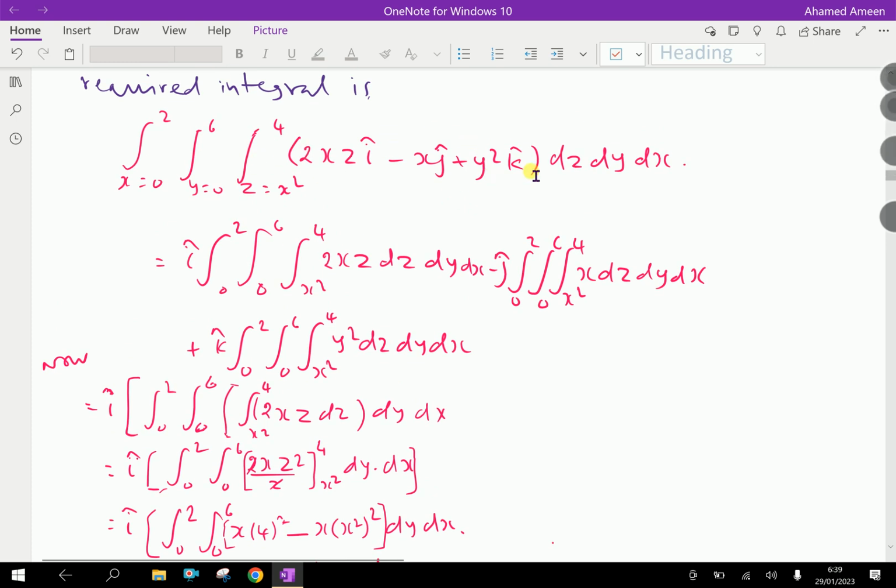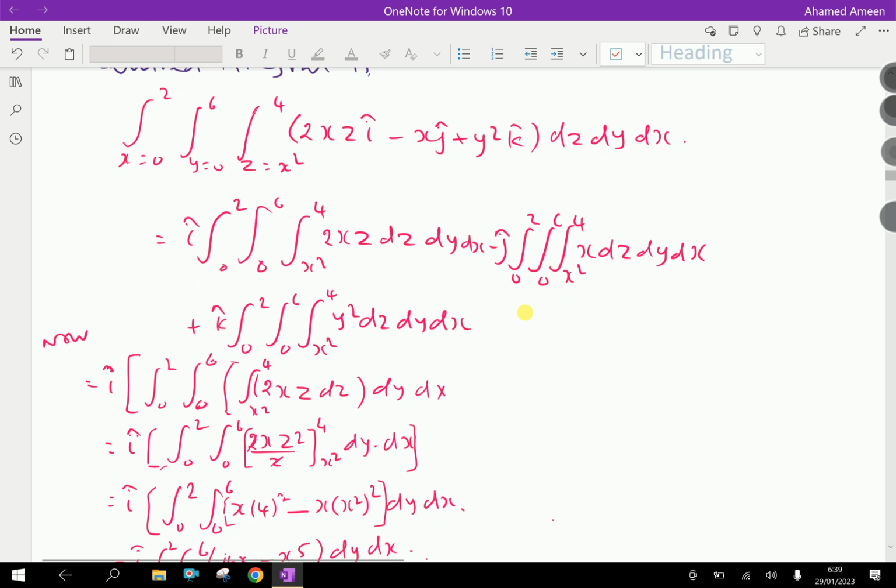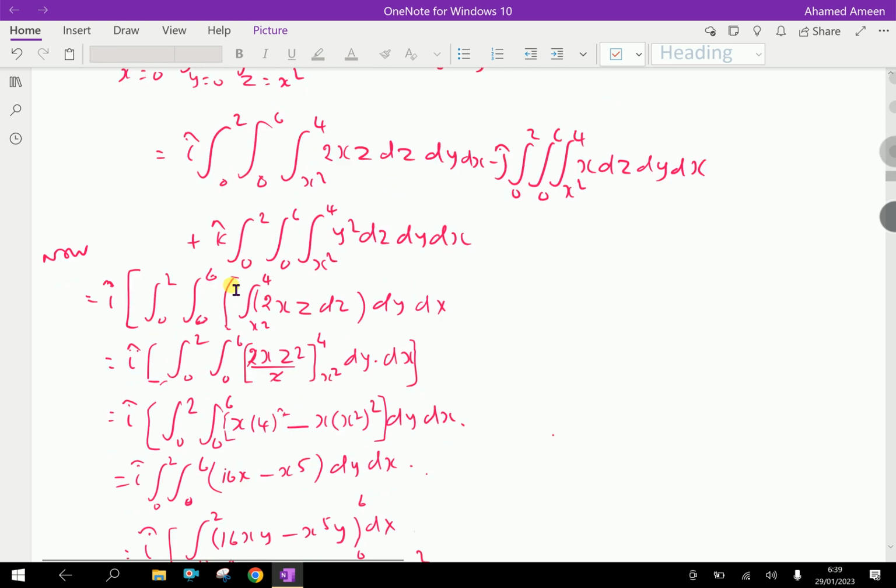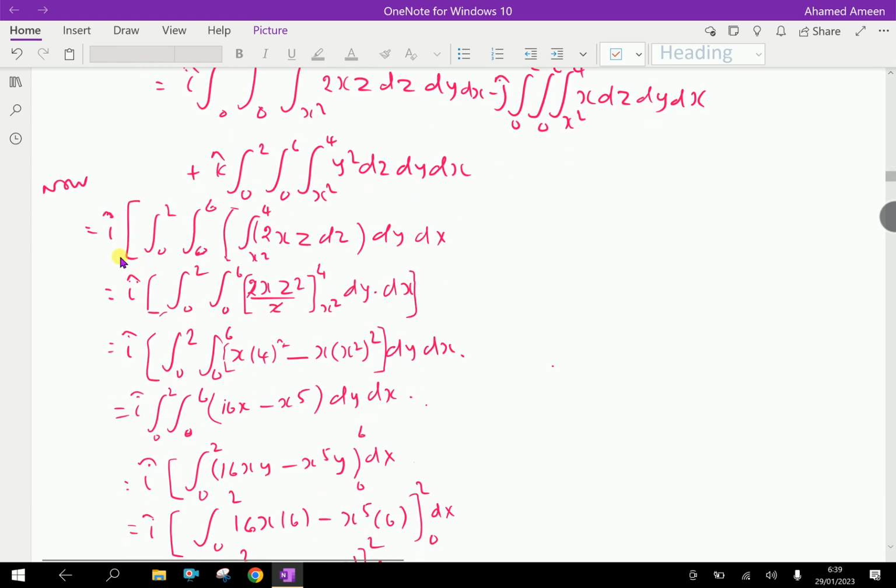First, the inner integral with respect to dz. I is taken out: i times the integral 0 to 2, 0 to 6, and the integral from x squared to 4 of 2xz dz.